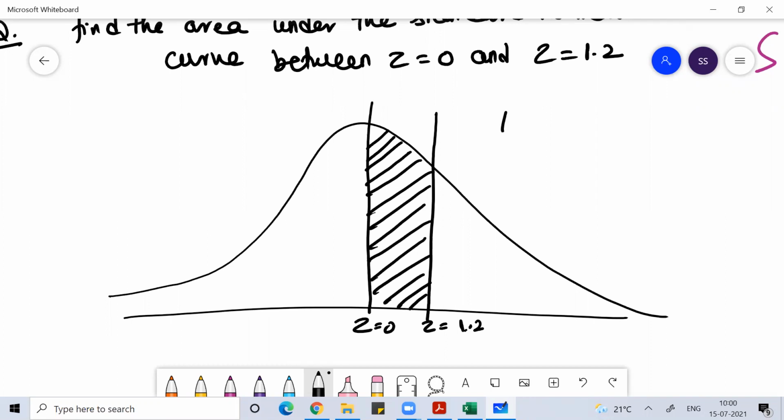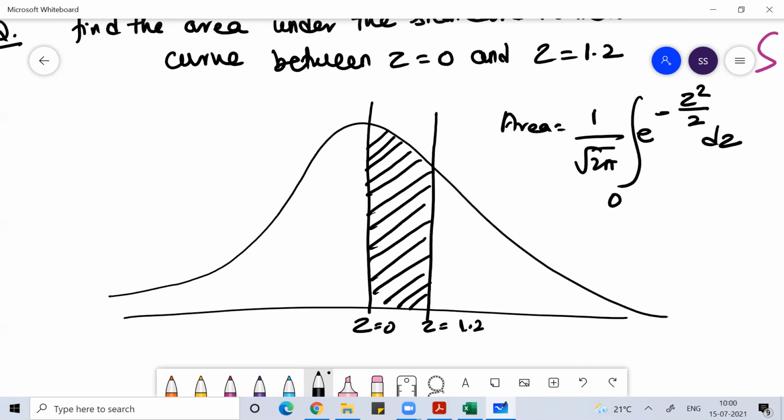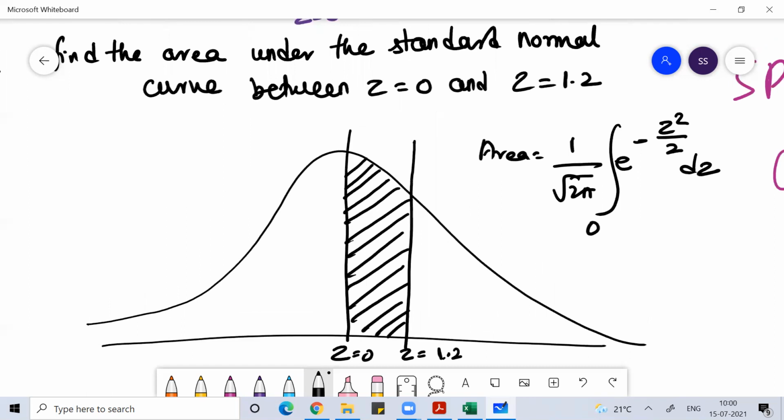So you simply write the area formula: 1 by root 2 pi, e to the power minus z square by 2, dz, taking the definite integral from 0 to 1.2.